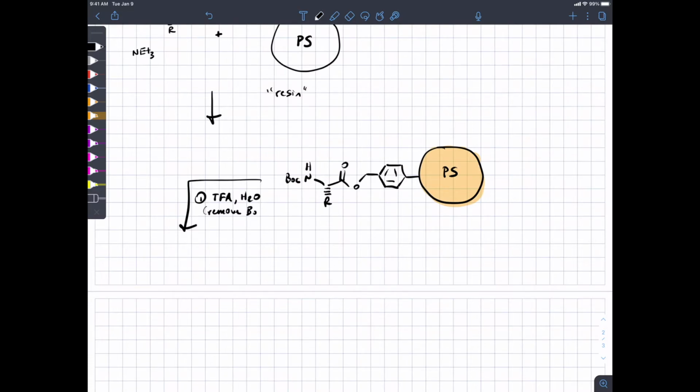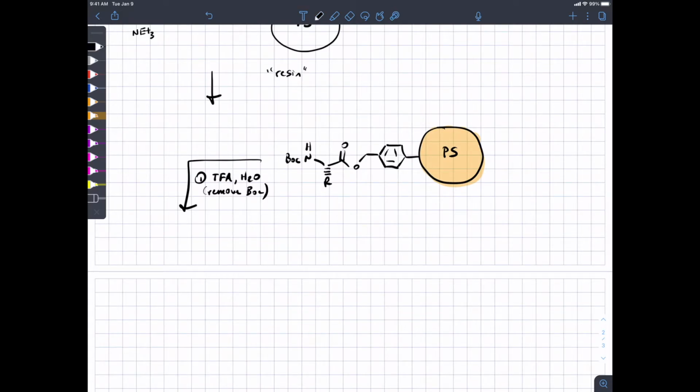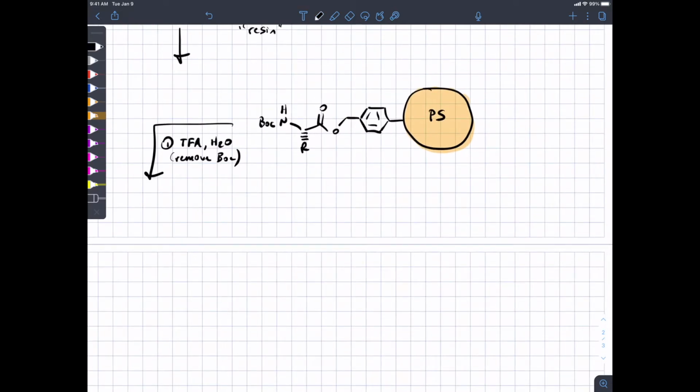And the idea is that after you do the deprotection reaction, you don't need to purify this, you just need to wash away the TFA. The reaction vessel looks something like this. So you have some porous filter here.